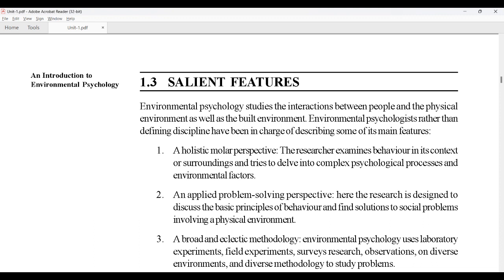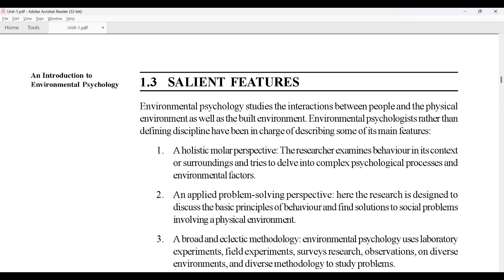The researcher examines behavior in its context or surroundings and tries to delve into complex psychological processes and environmental factors. 2. An applied problem-solving perspective. Here the research is designed to discuss the basic principles of behavior and find solutions to social problems involving a physical environment.